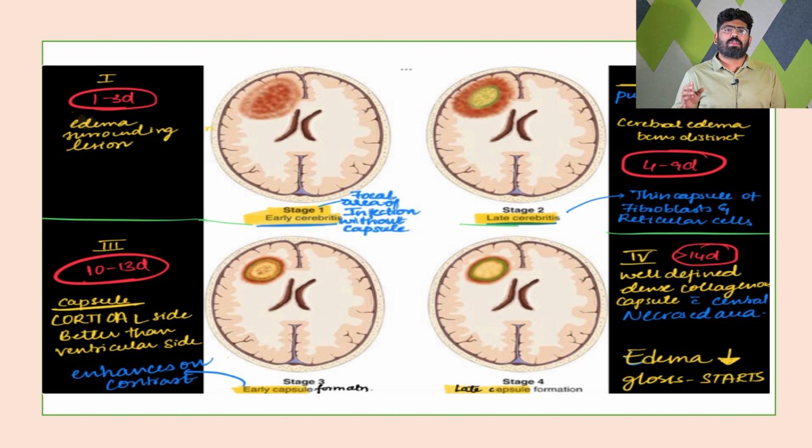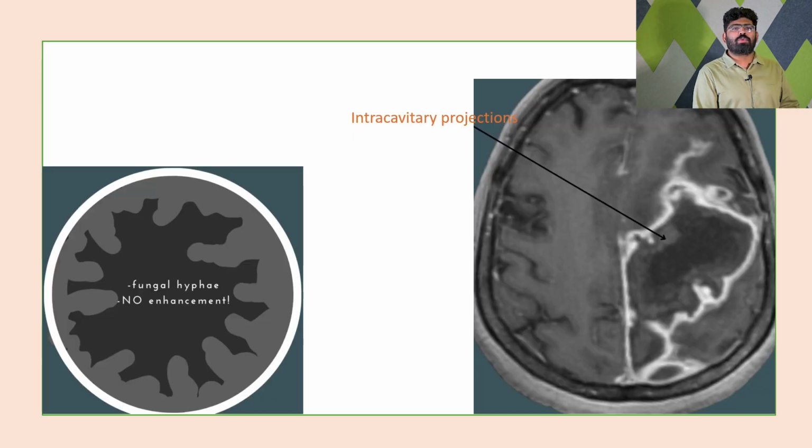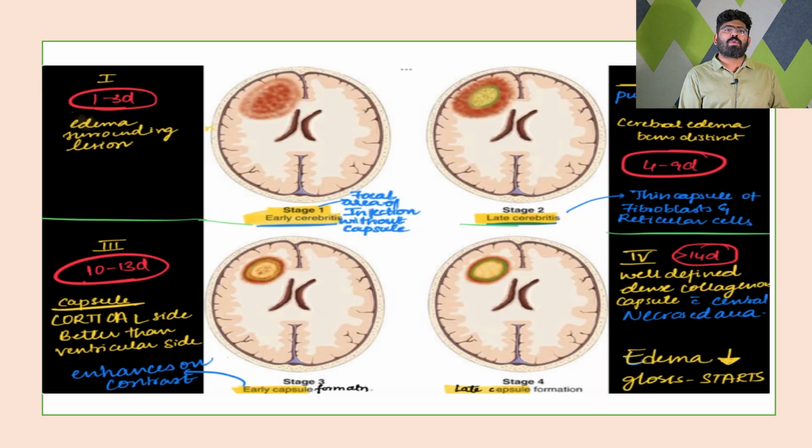Next is late cerebritis, where the pus cells come and incorporate, and a thin fibrous capsule is formed between days 4 to 9. Next is capsule formation, and this capsule, which is on the cortical side, is better seen than on the ventricle side. At this stage when you give contrast, you will see enhancement of the wall.